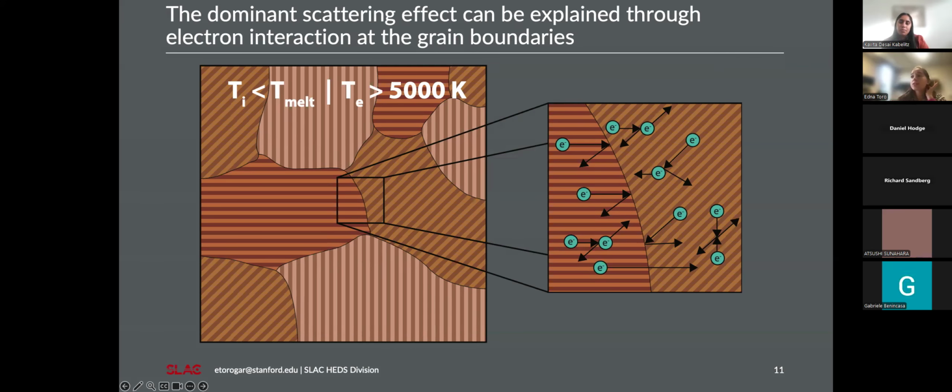And you have electrons that are really excited from the laser interaction. The electrons will be traveling really fast, and then they arrive at this border between the grains where the lattice changes, and they start scattering. All of this scattering will decrease your conductivity. This is still true before you start melting, even when the temperature of the electrons has changed a lot and you're technically in the warm dense matter regime.